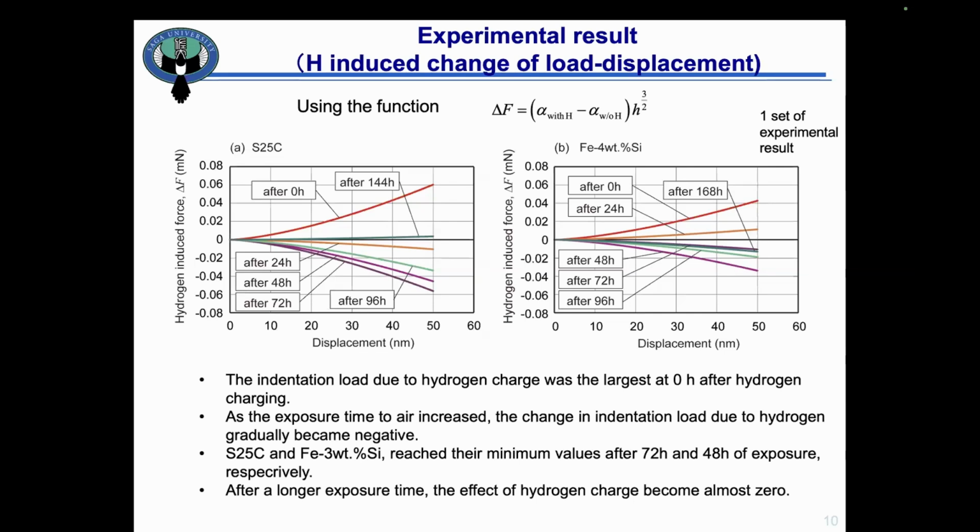In both materials it reaches its minimum value after 72 hours and 48 hours of exposure time, respectively. After a long exposure time, over 96 hours or so, the effect of hydrogen becomes almost zero, like this, at 144 and 168 hours.